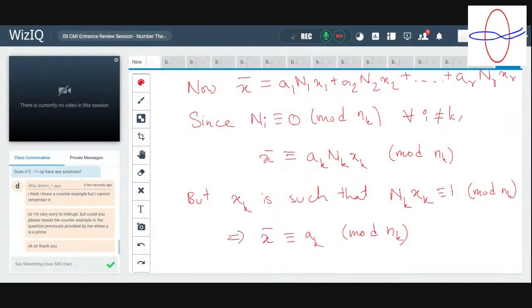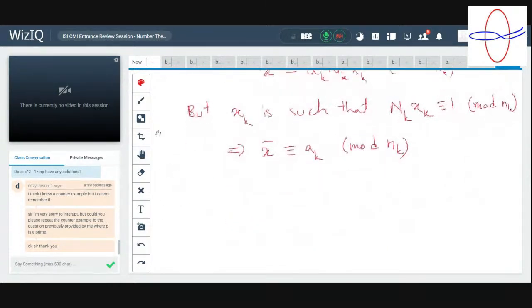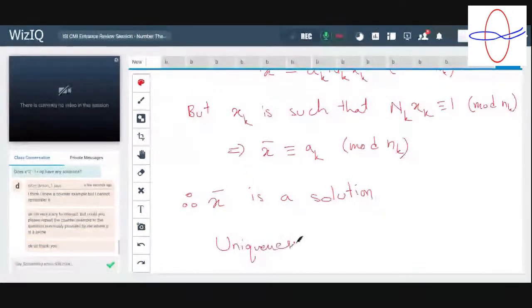Think about why this is true for a bit if you would like to. So therefore, x bar mod n is a solution. You can prove uniqueness yourself. It's homework because I have more results to go through.